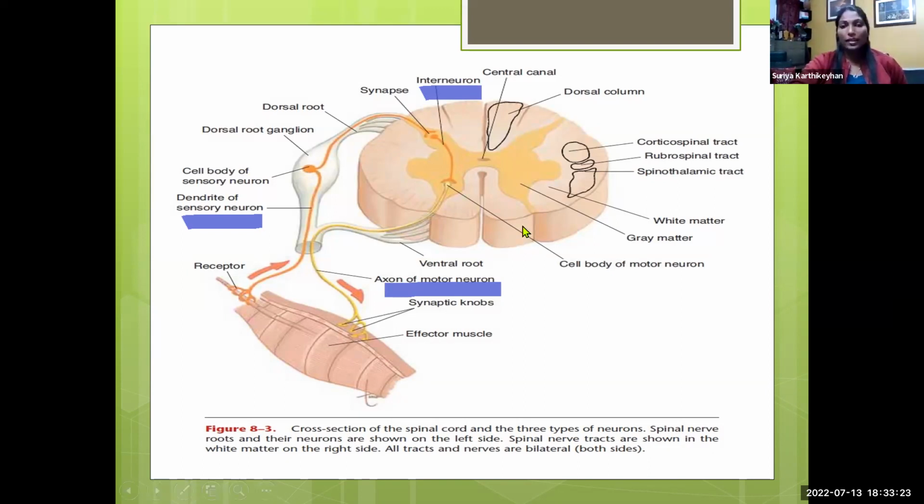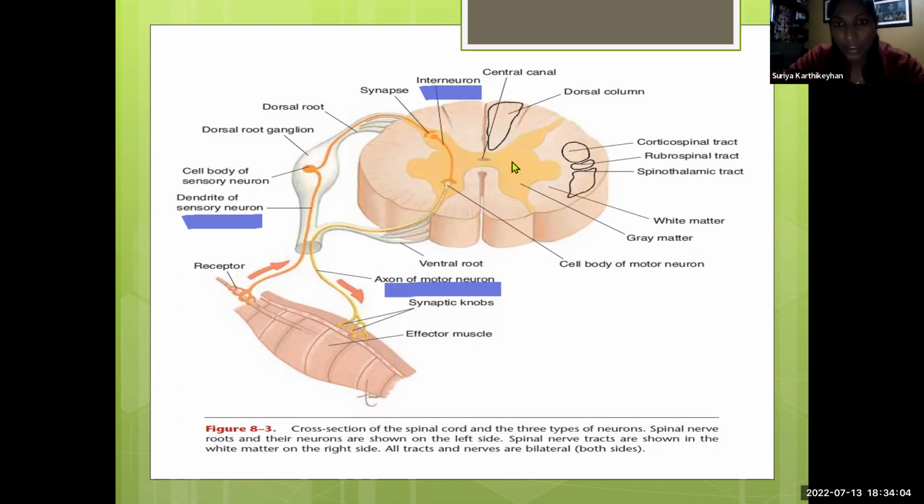Okay, and then there is one classification that is called the Rexed classification. Rexed means R-E-X-E-D. The Rexed classification divides the gray matter into 10 laminae. So the posterior horn or the posterior gray column contains laminae 1 to 6. And then the intermediate area between the posterior horn and the anterior horn, the lateral column, has the intermediate nucleus.